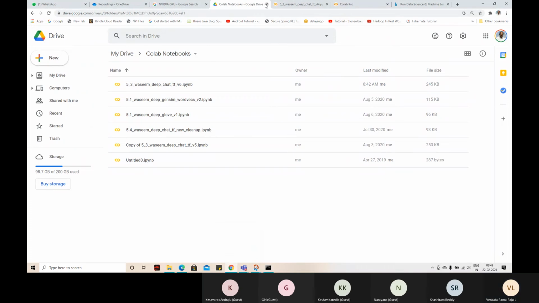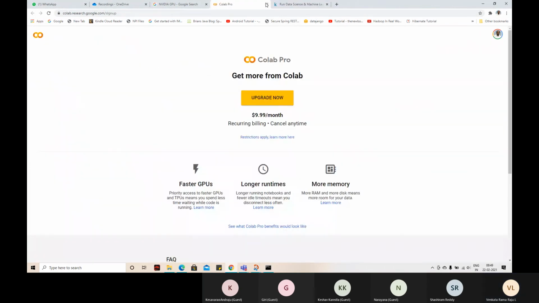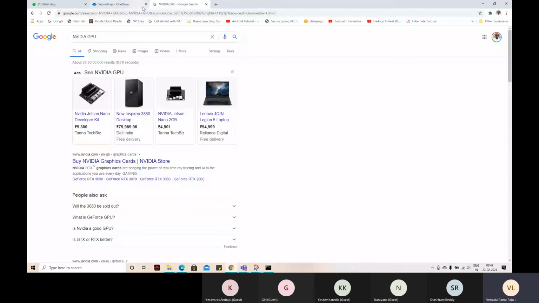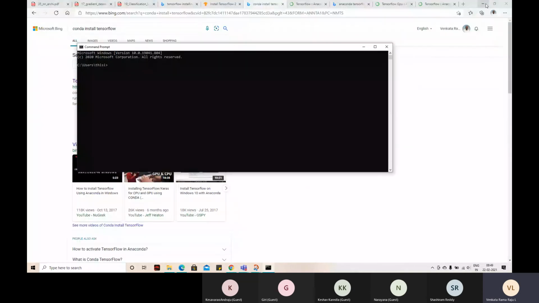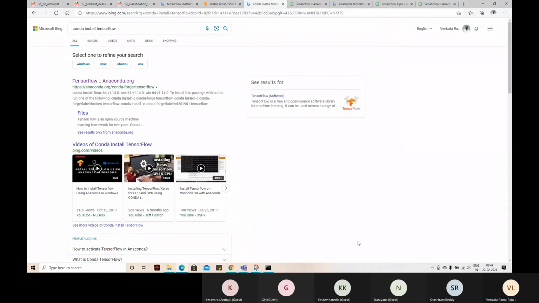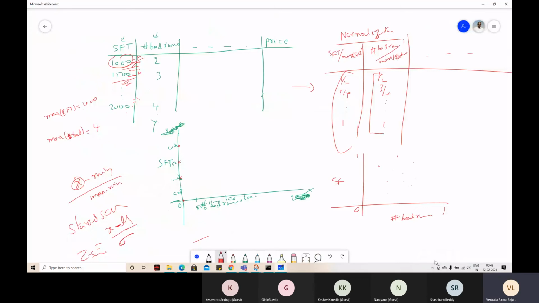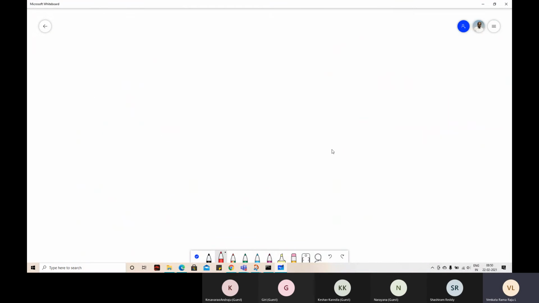Let me try to draw and show. When you install Python or Anaconda, you can think of that as a big box where you have all the software installed: Pandas, NumPy, SpaCy, all those.